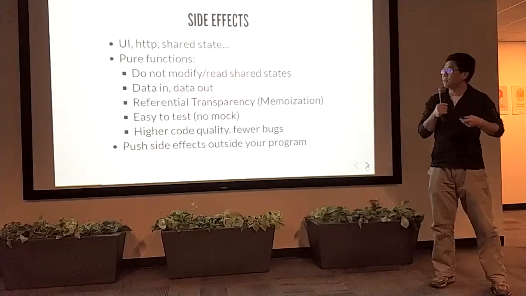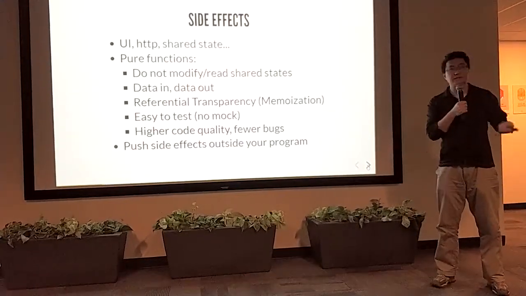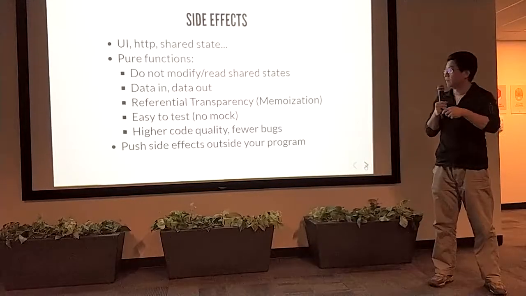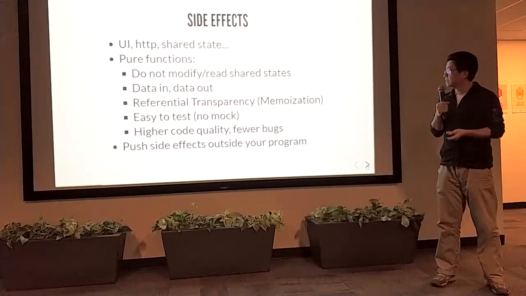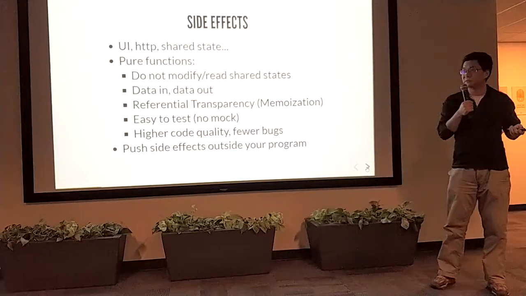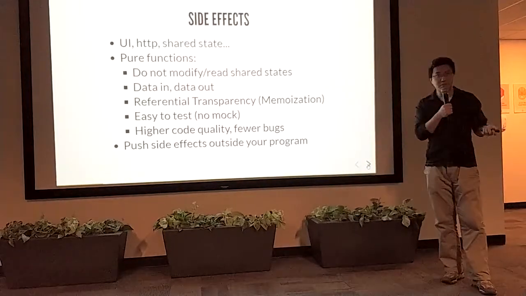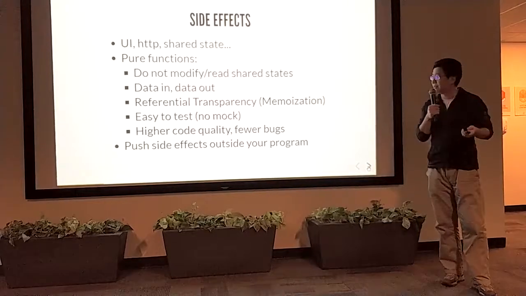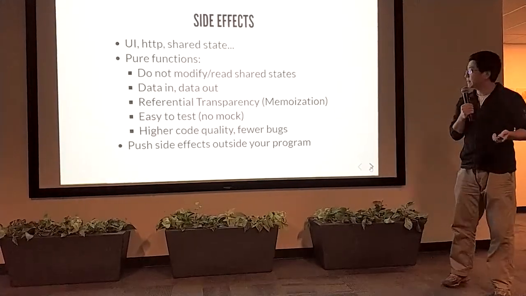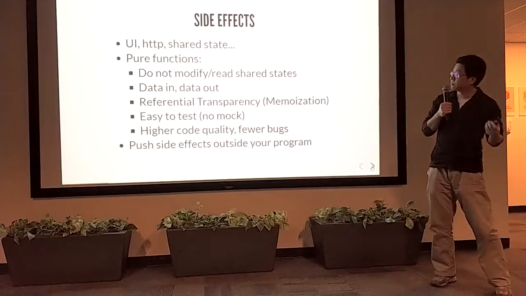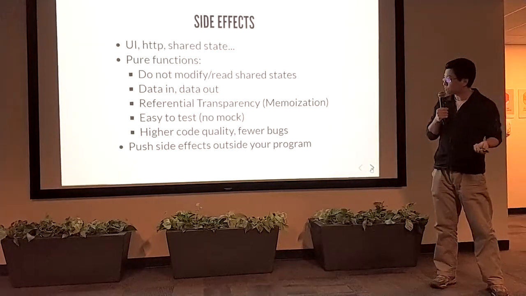So if in your program you have thousands of functions that can all do those side effects without any constraints, then it's pretty hard for you to manage your whole program, and that is probably the biggest source of bugs. So if you don't have side effects, your function becomes pure.